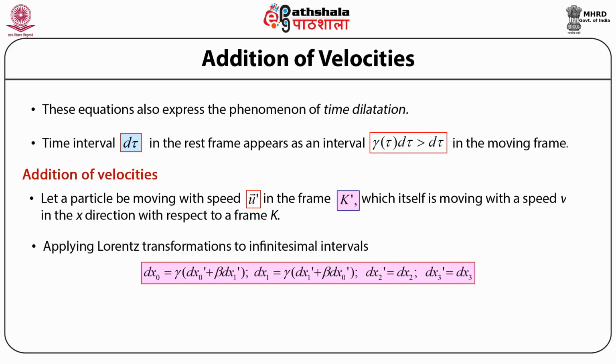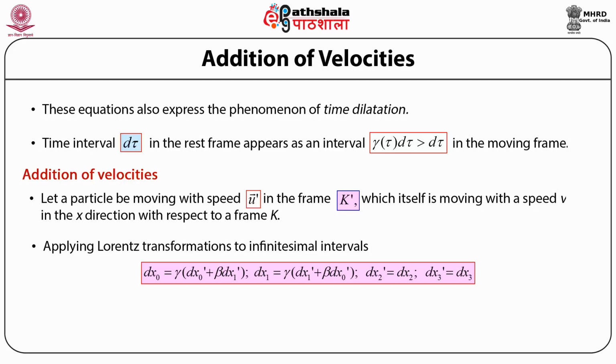Applying Lorentz transformation to the infinitesimal intervals, we can write dx0 = γ(dx0′ + β dx1′).